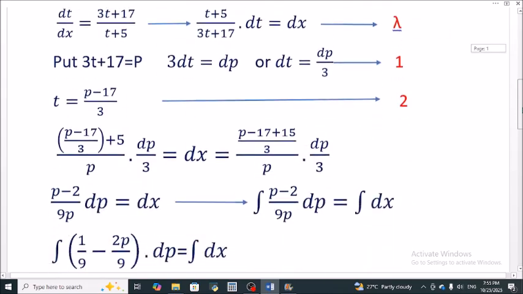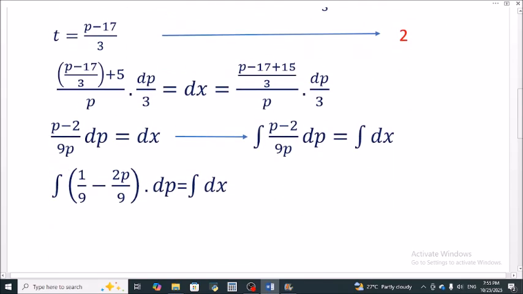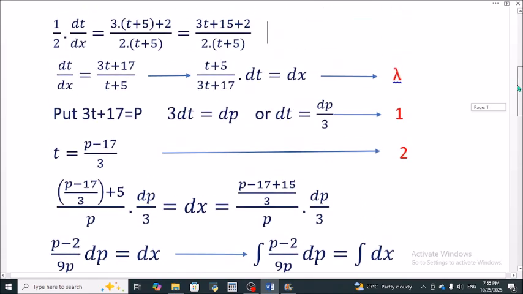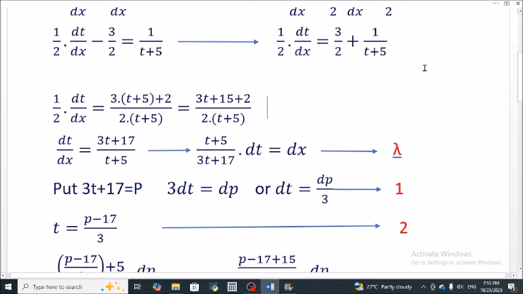Here we have to resubstitute, and then we resubstitute once more after integrating. Here we have, as you see, dt by dx, as we have just said, 3t plus 17 over t plus 5, and by cross multiplication, t plus 5 over 3t plus 17 dt equals dx.